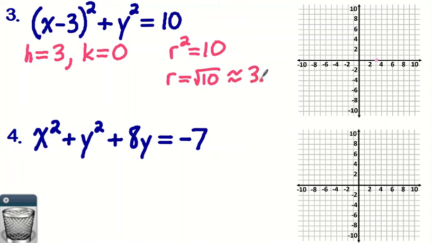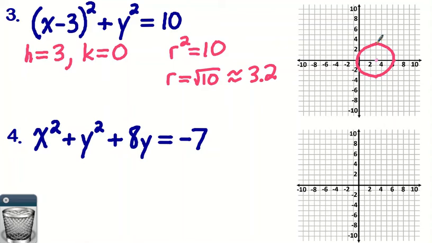So that's about 3.2. So 1, 2, 3.2 in each direction. We don't need to be that exact, because we're just making sketches.